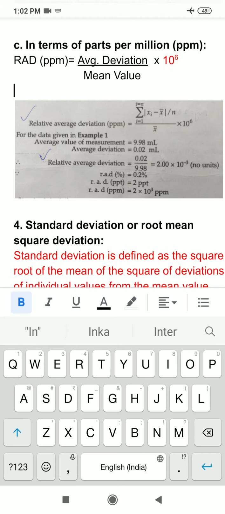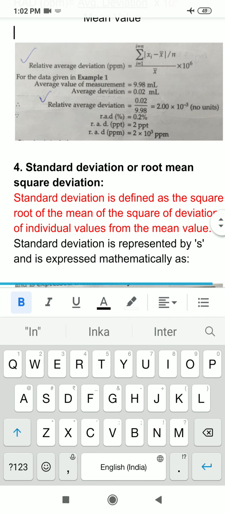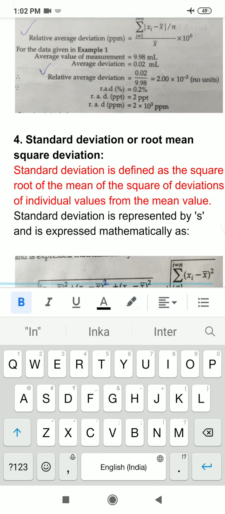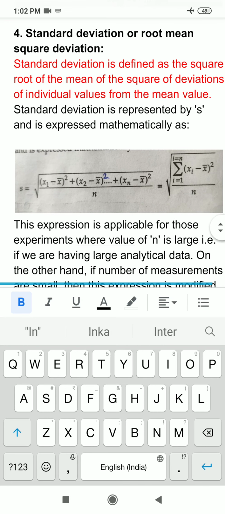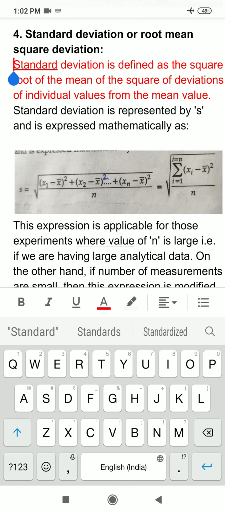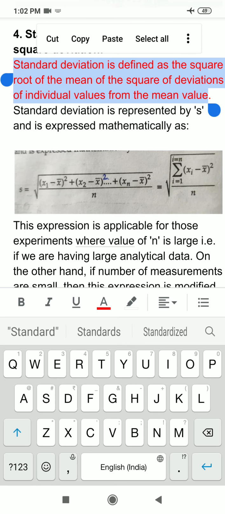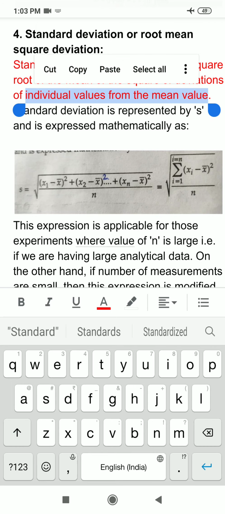Next is standard deviation or root mean square deviation. So what is standard deviation? Before defining standard deviation, I will show you the formula. Standard deviation is represented by small s.